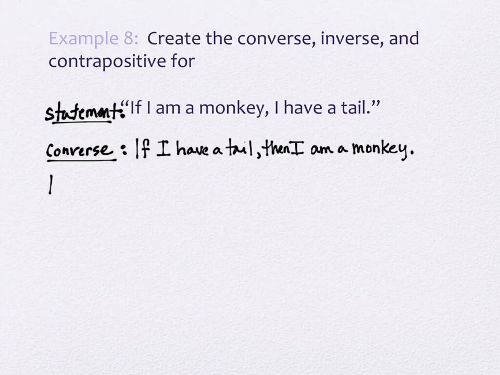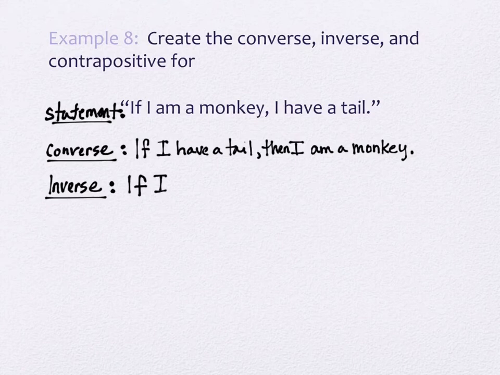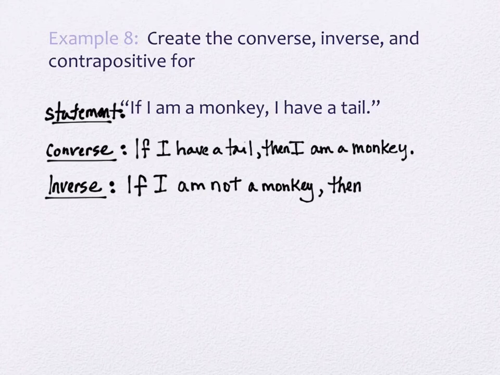Second one is the inverse. So what will the inverse look like when it's written out? Again, we start with the word "if." So don't get ahead of yourself. You negate it. So what am I going to negate, Hannah? If I'm not a monkey. Yes. If I am not a monkey, then what?